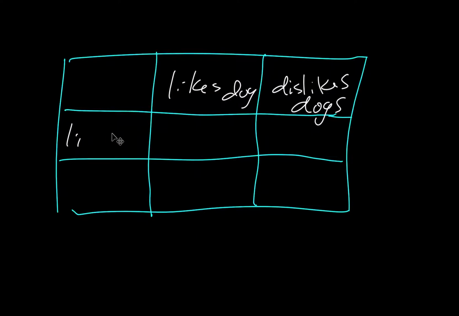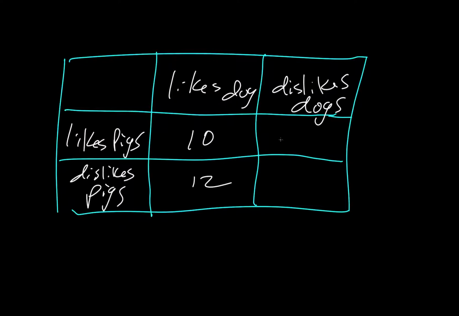Likes pigs. Dislikes pigs. Okay, so we have this data. I'll just make this up. Okay, let's say we ask people whether they like dogs or pigs. If they like both, it would be this 10 people. If they dislike both, it'd be these 5. And if they like one or the other, it's the other ones represented.